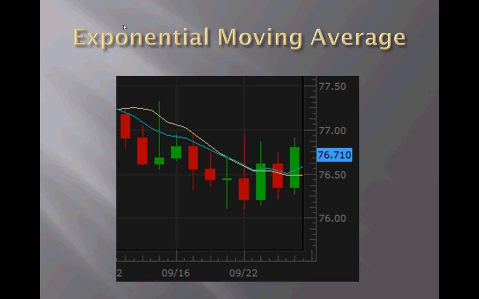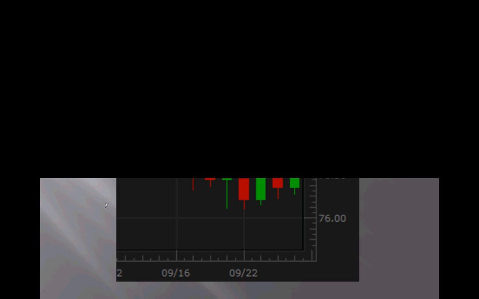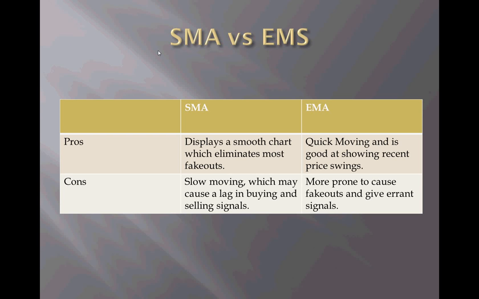You probably ask yourself, which is better, simple moving average or exponential moving average? First, let's start with the exponential moving average. When you want a moving average that will respond to price action rather quickly, then a short period EMA is the best way to go.